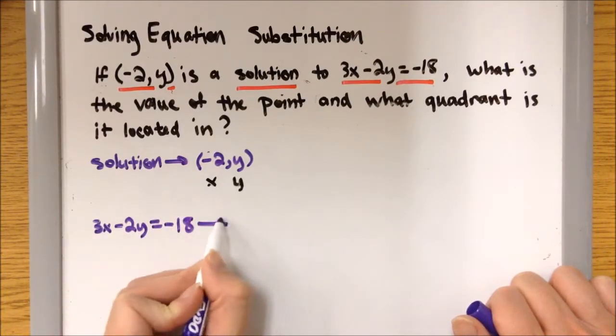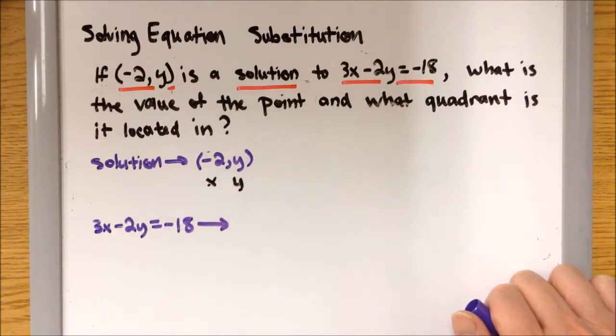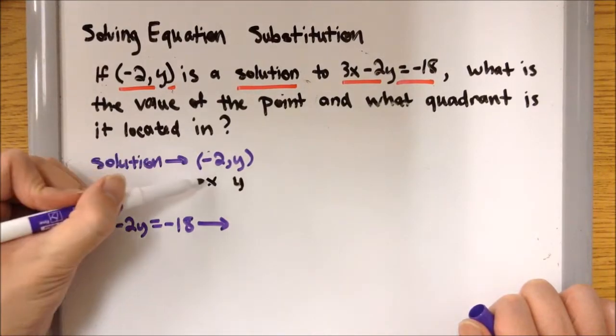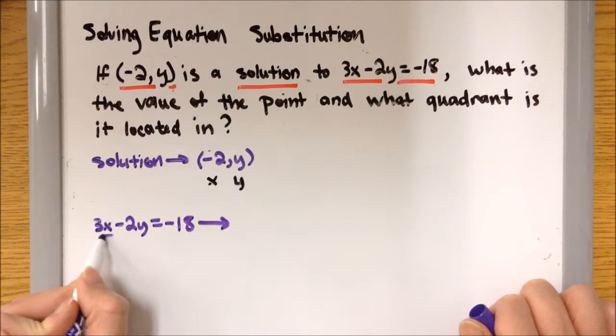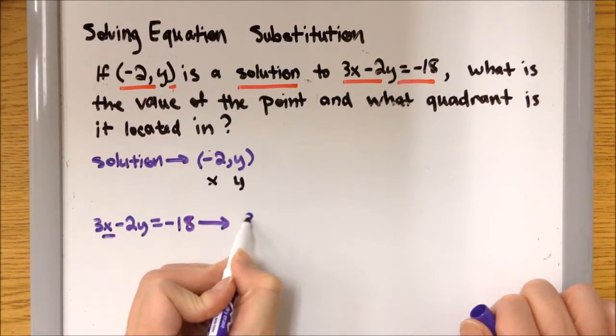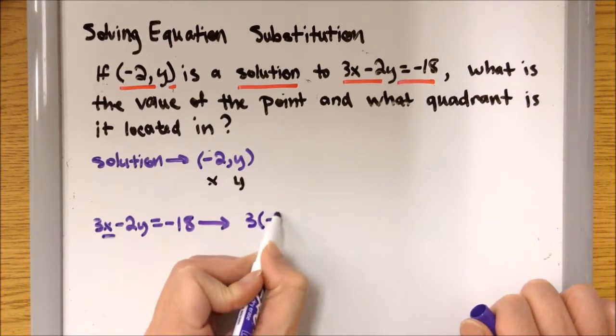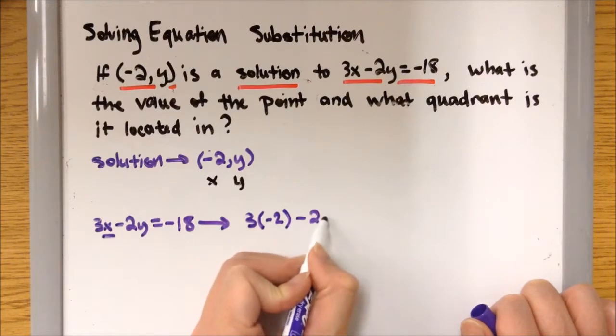So if this is a solution to this linear equation, the one thing we know is that x is -2. So I'm going to substitute into this x: 3(-2) minus 2y.